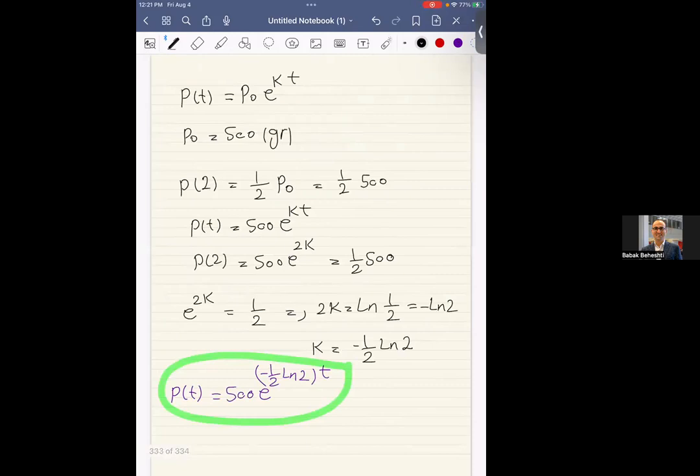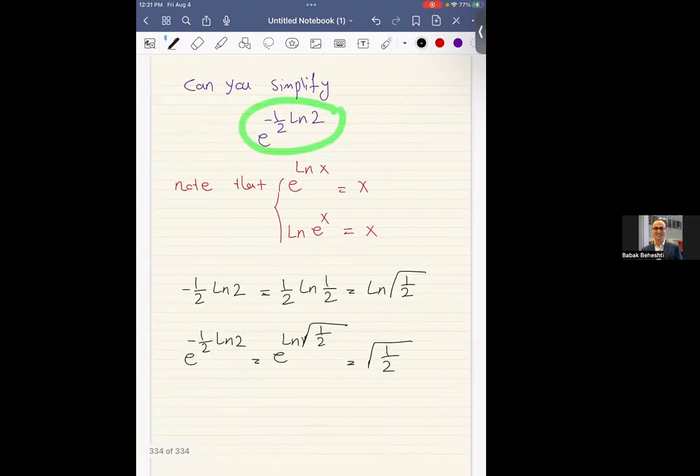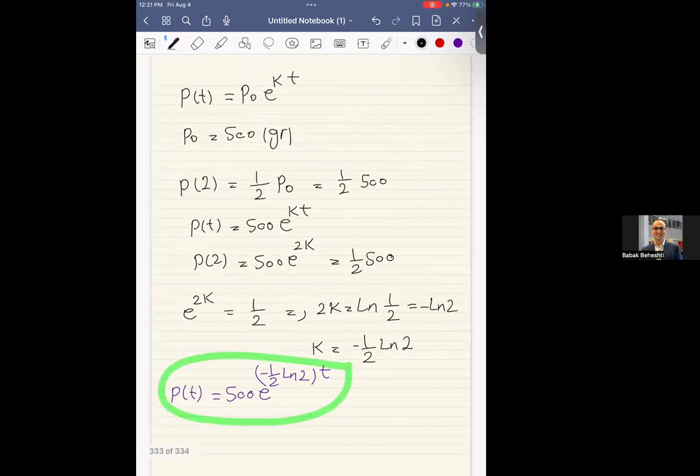So that means I can also say P of t is equal to 500 times the square root of 1/2 to the power t, which is the same as 500 times 1/2 to the power t/2.